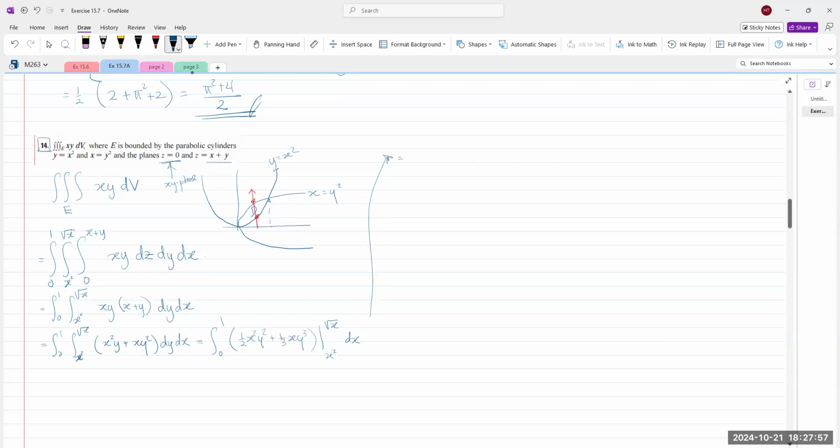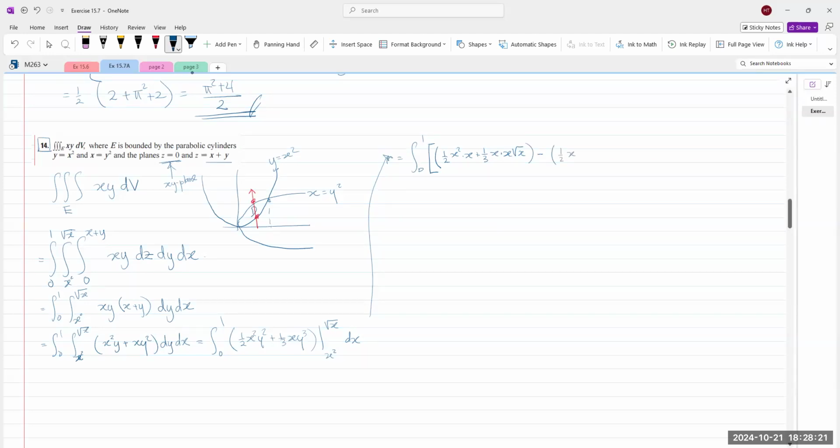So that is integral from 0 to 1, square root of x for the y. That will be 1/2 x squared times x plus 1/3 x times x square root of x minus, that's the upper bound, the lower bound x squared.